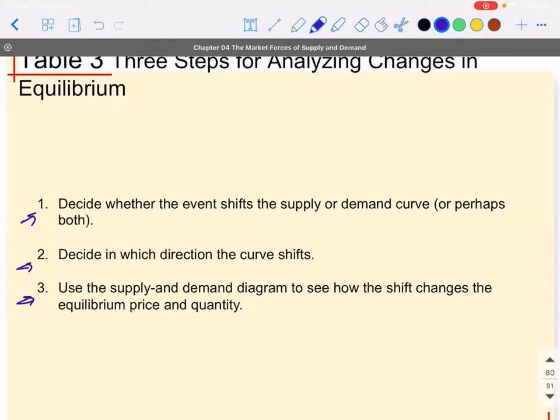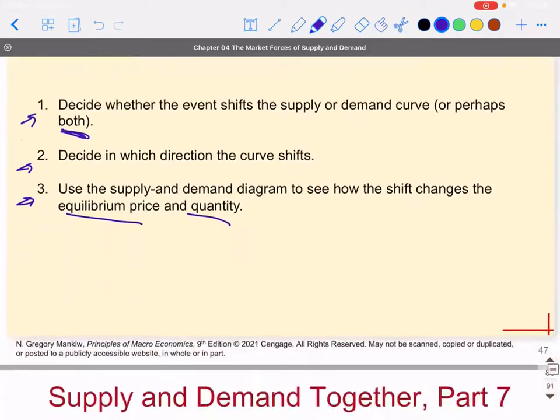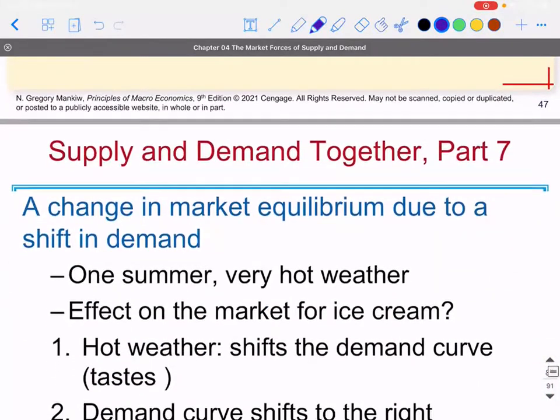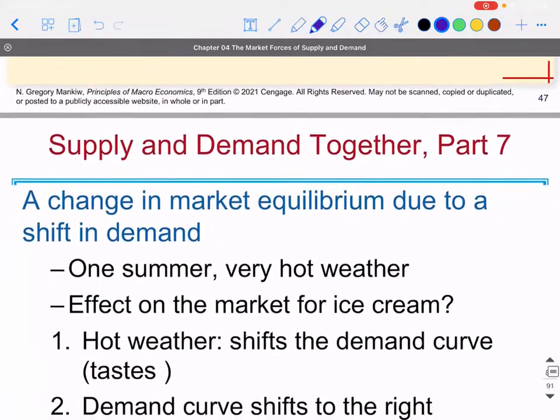There we go. Now, we need to talk about this part still. But let's just say we're talking about just the supply or the demand curve. One of them changes. We have to determine which one it is, what direction it moves, and then we can predict equilibrium price and quantity changes. Let's talk about what happens when they both move.